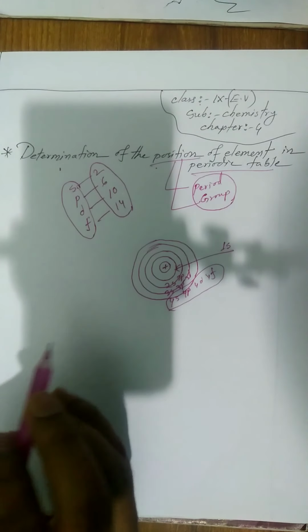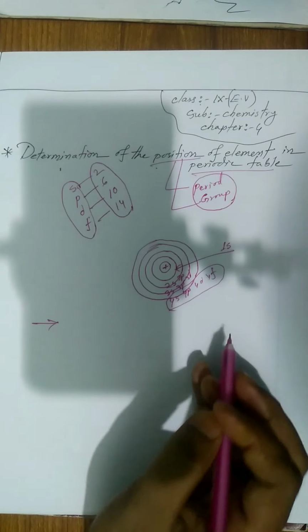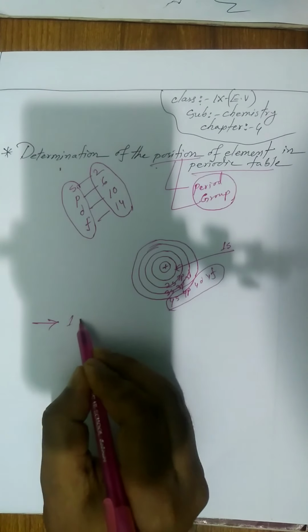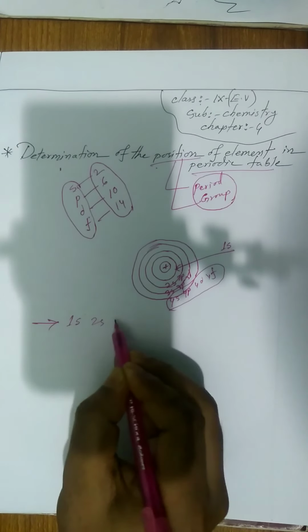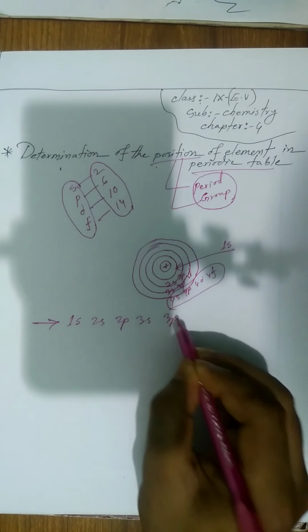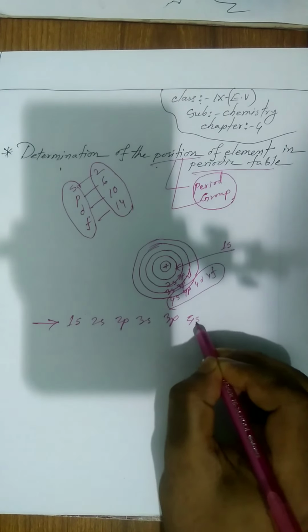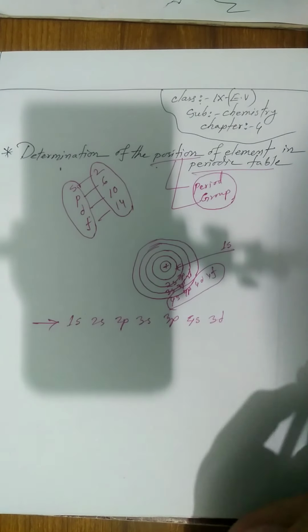So according to the Aufbau principle, the sequence of orbitals is like this: 1s, 2s, 2p, 3s, 3p, 4s, 3d.